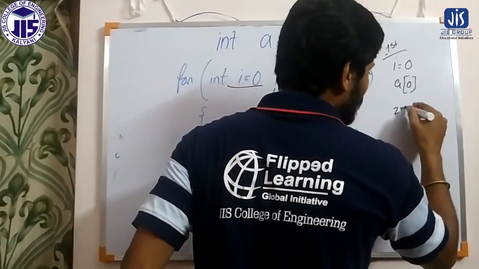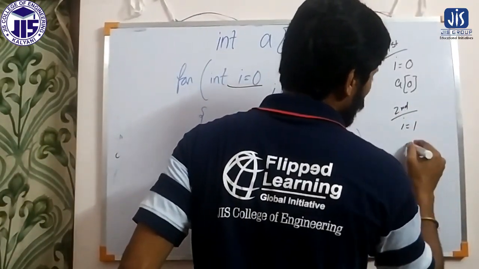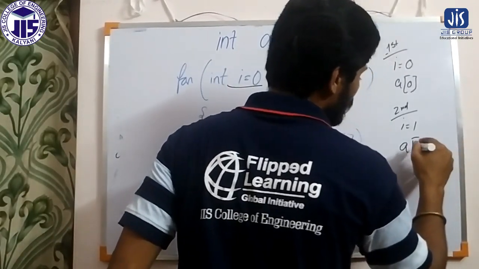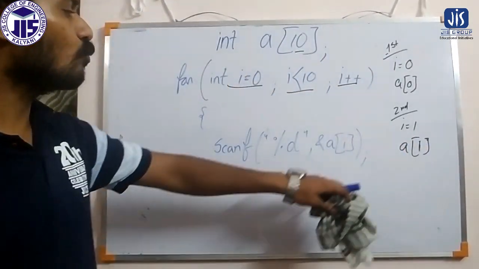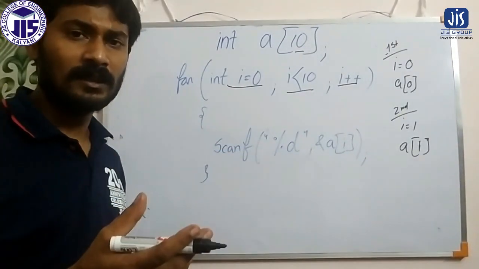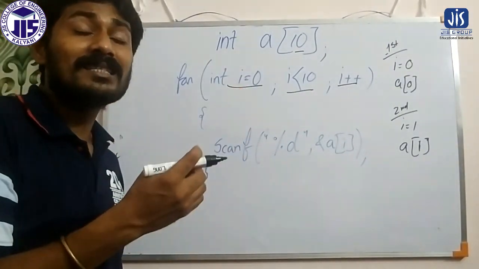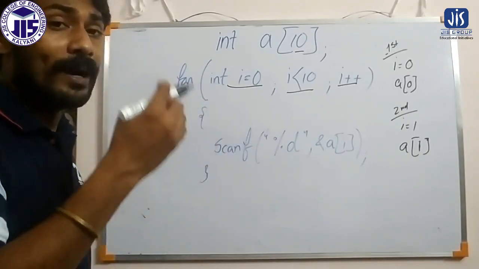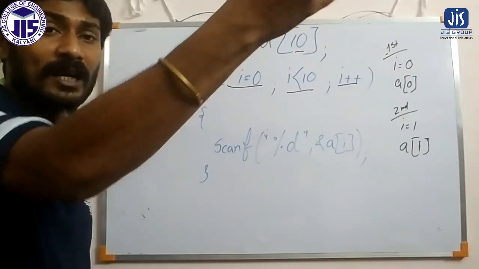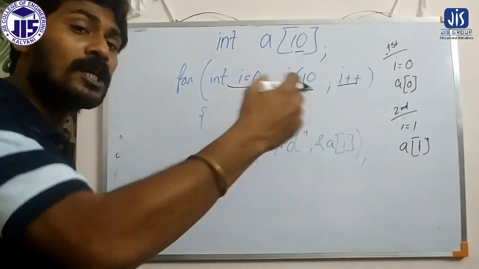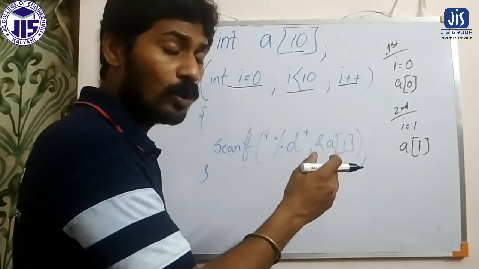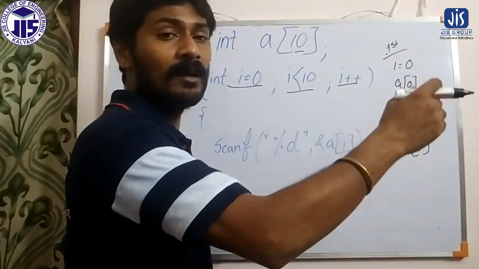Next, in the second iteration, I is equal to 1, so whatever value we insert will go into A1, because every time we are inserting the value into AI, and I is a variable. I is changing after every iteration: first 0, then 1, then 2, then 3, and so on. In that way, the position in the array is also changing, so whatever value we insert will be stored in the array one after another, position wise.